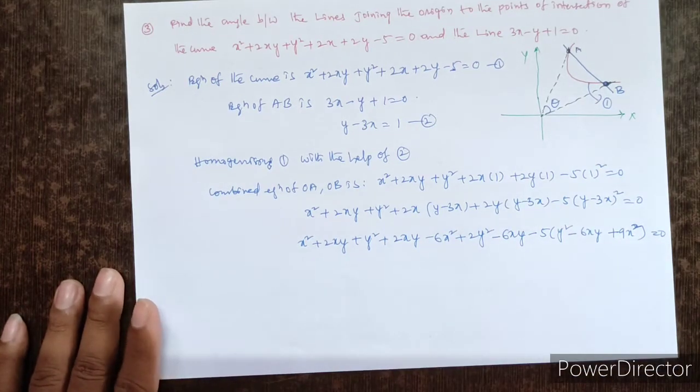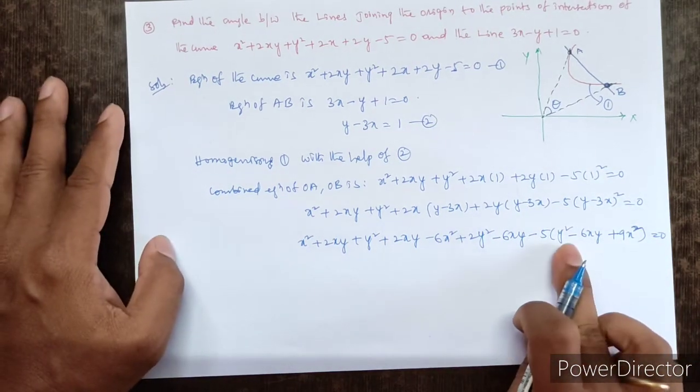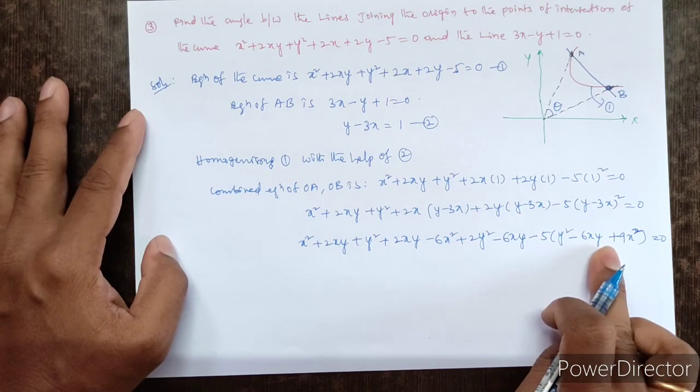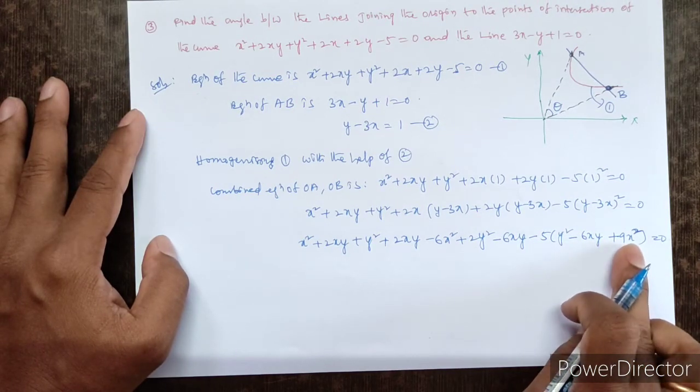Y minus 3x whole square is a square minus 2ab plus b square.